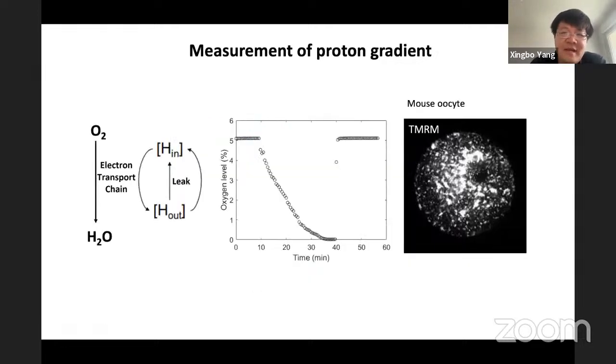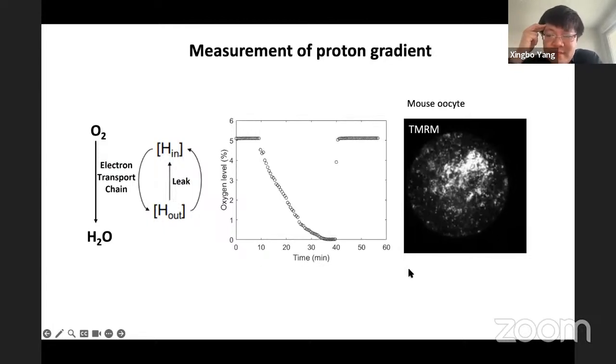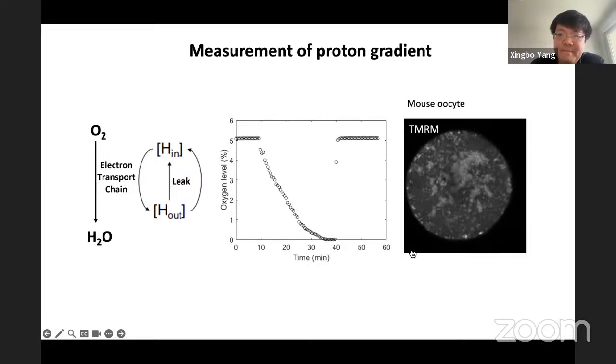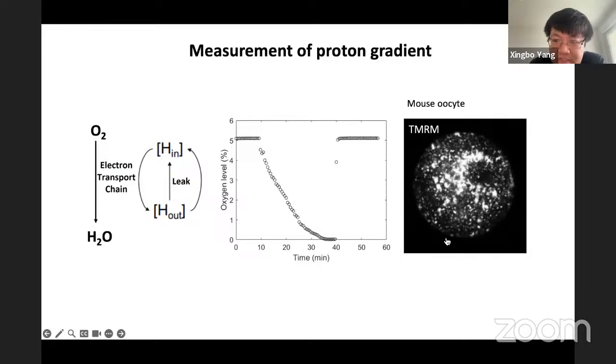We also used this dye in mouse oocytes on the exact same experiments of oxygen drop. Let's see what happens. Pretty fast, so let's do it again. Oxygen drop, recovery. Let me see if I can pause this somewhere.